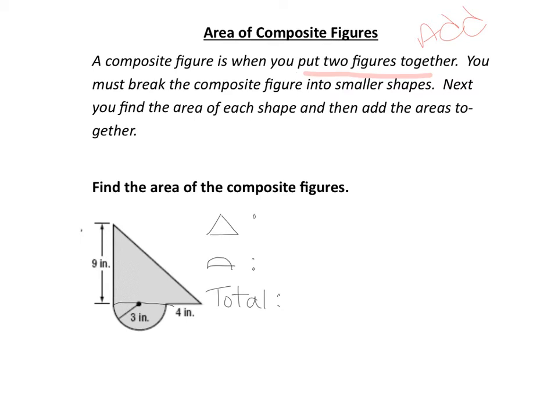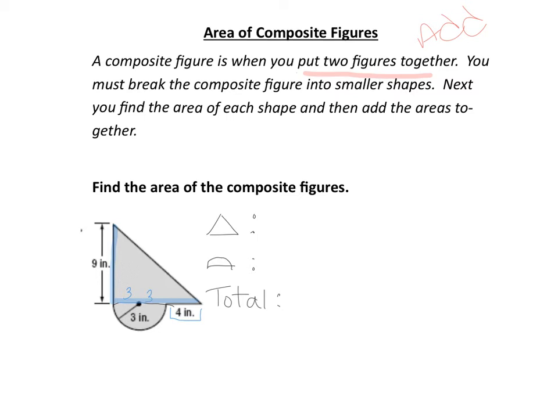So again, I have 2 shapes just like we did with inscribed figures, and so we have to do the area of both. The first one we're going to do is the triangle because that's the easy one. The triangle measures 9 this way, but we can't just say 4 because 4 only represents this part. The semicircle has a radius of 3, meaning that side is 3, but so is that side.